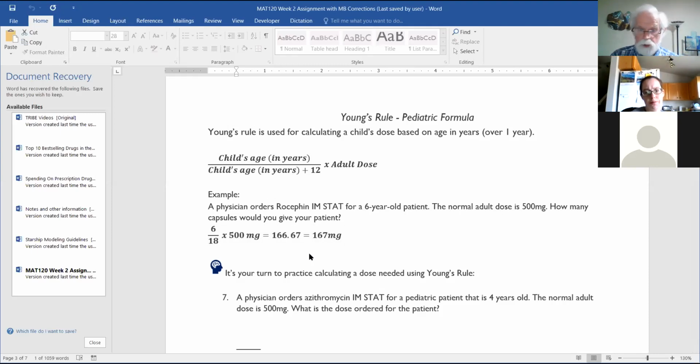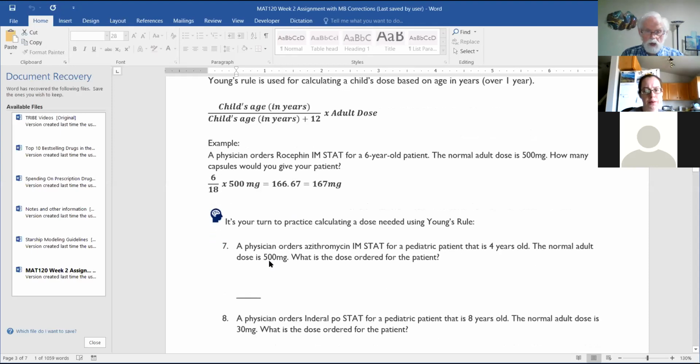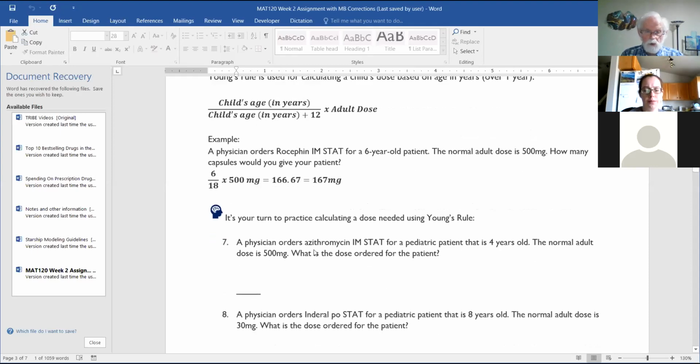It's not 100% necessarily, because we do have smaller and larger 6-year-olds. And again, when you see here it's an injectable drug and it says how many capsules, it should be milligrams. And down here we have, again, what is the dose ordered? That means how many milligrams.